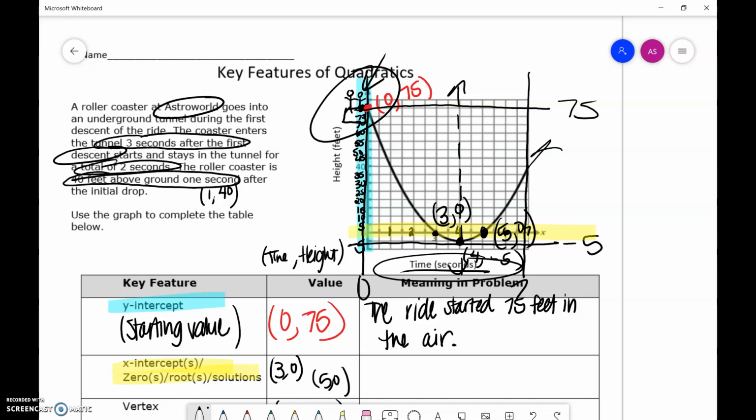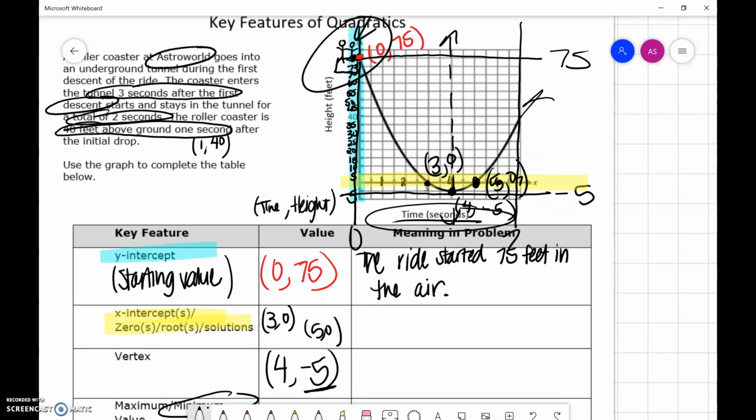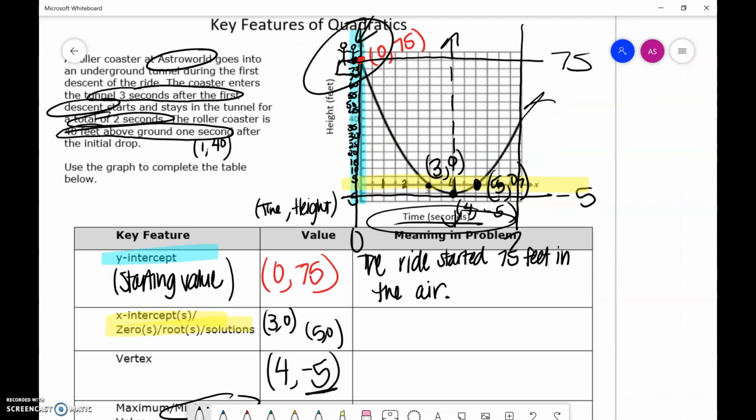My next one is my x-intercept. So I have something happening at 3 and 5. We read in the problem that it's going to go in a tunnel for 2 seconds. So from 3 to 5, that's actually 2 seconds. From my first x-intercept to my last x-intercept, that's when the ride is in the tunnel.